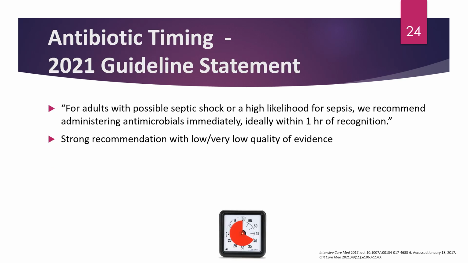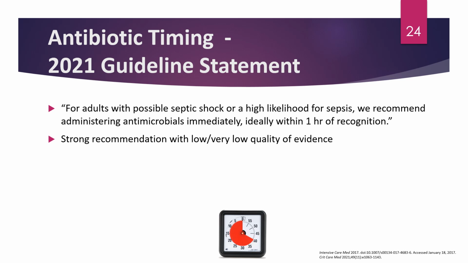In the 2021 guidelines, they vary things a little bit. And if you read the statement, it sounds similar to what we talked about earlier with 2012, in that we're still wanting to give antibiotics within 1 hour. But they say here, if you have possible septic shock or a high likelihood for sepsis, we recommend administering antimicrobials immediately, ideally within 1 hour of recognition.